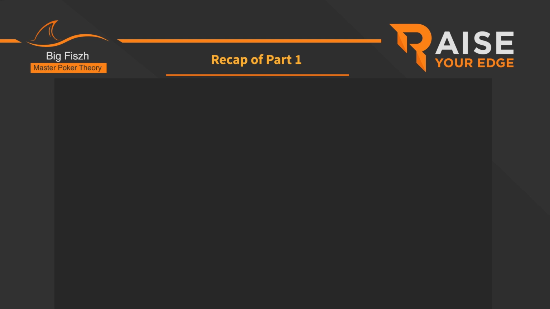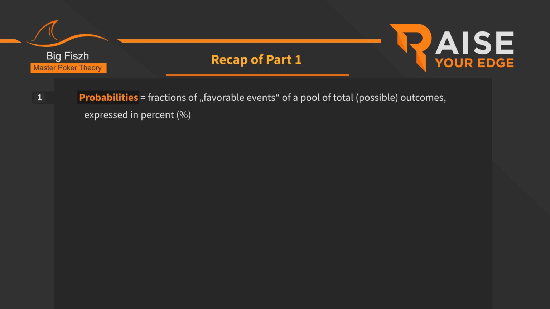So let's do a very short recap of part 1 of this video series. First of all, we learned about probabilities, being the fraction of favorable events taken from a pool of total events. They are calculated by dividing the good ones by the total outcomes and are expressed as percentages.